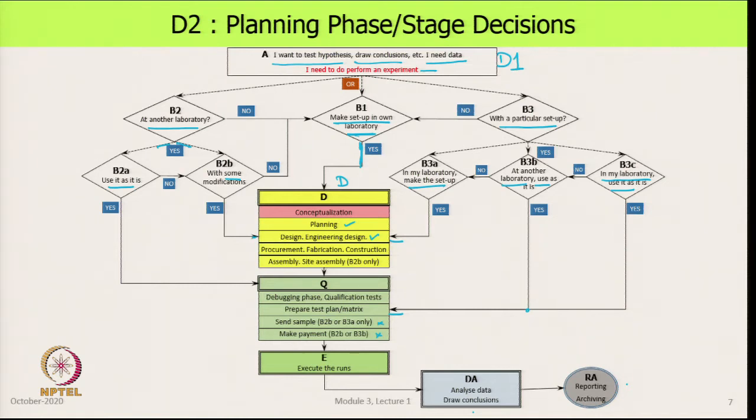So, this is what the planning phase decisions are. In many cases, we may go with the route of another lab or which setup, and there will be few cases where we have to do everything.